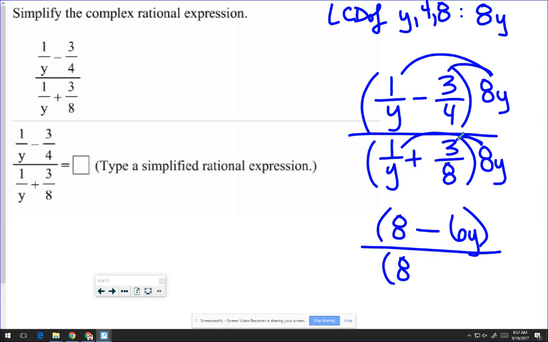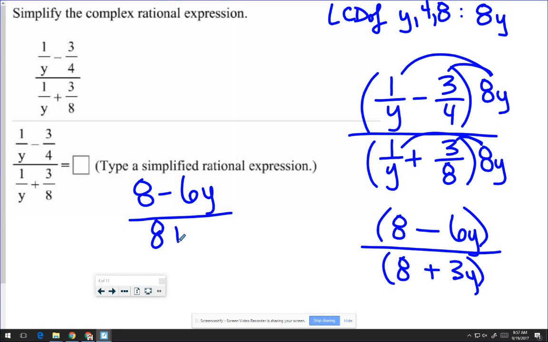And then 8 times 3/8, the 8's going to cancel and leave me with 3y. Now, the top has something factorable, but it's not going to end up with 8 plus 3y on bottom. So my answer is just going to be 8 minus 6y over 8 plus 3y. And I'm done. If I factor the 2 out of the top, it'd be 4 minus 3y.